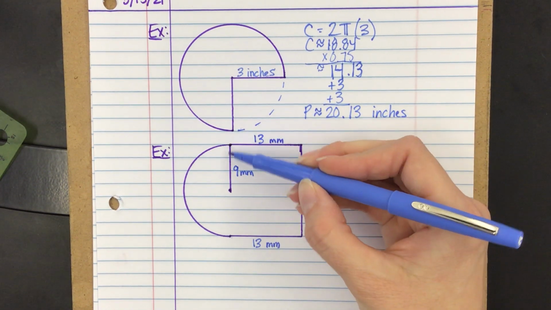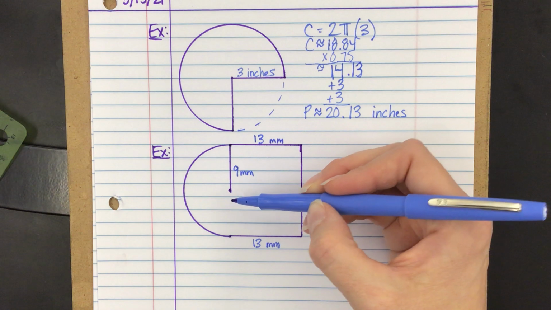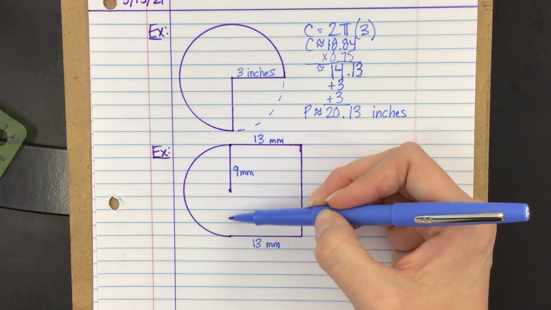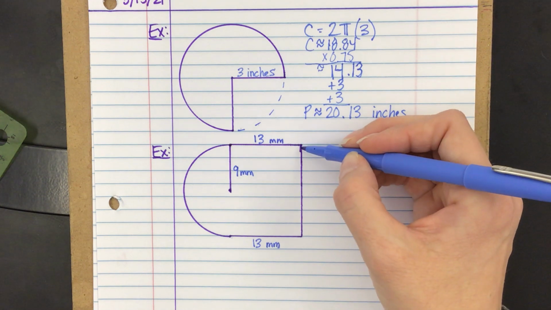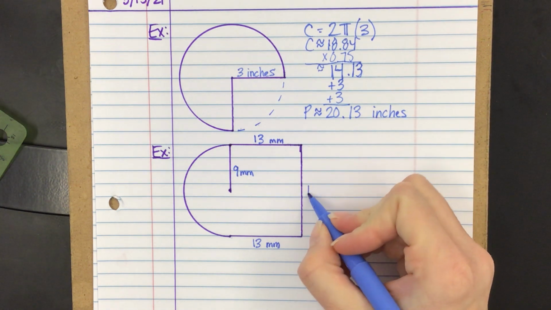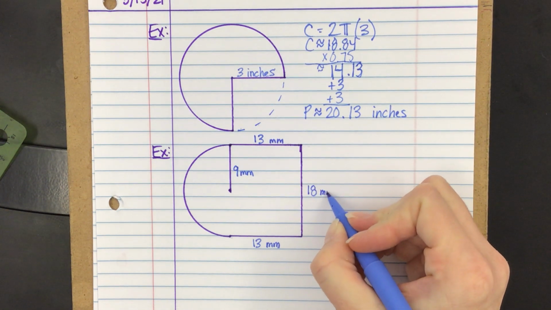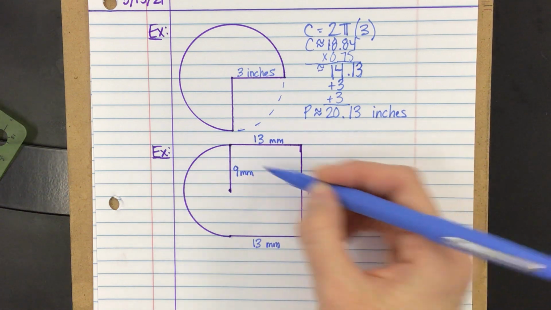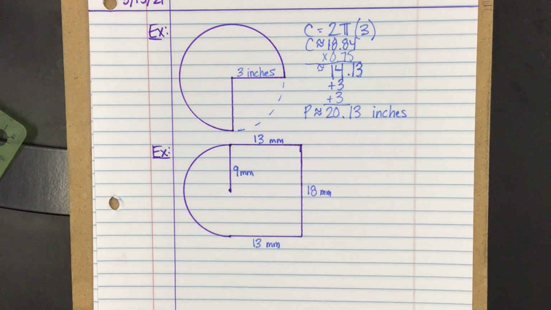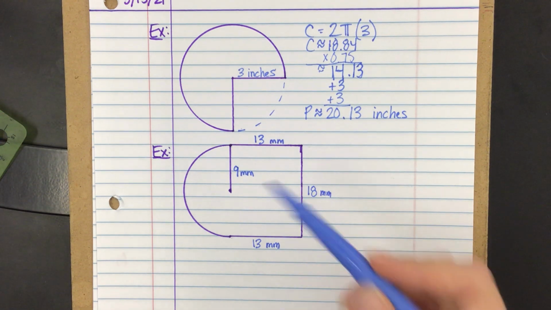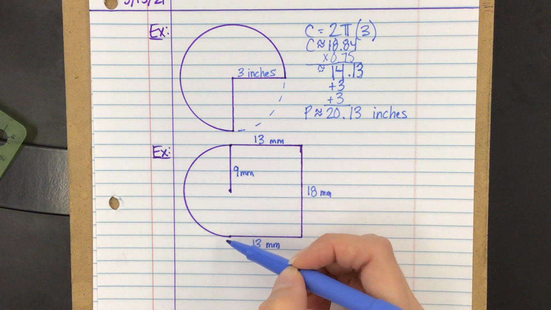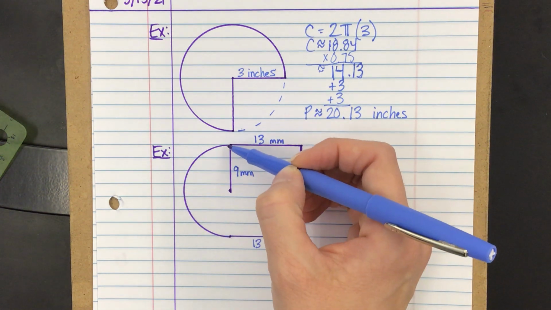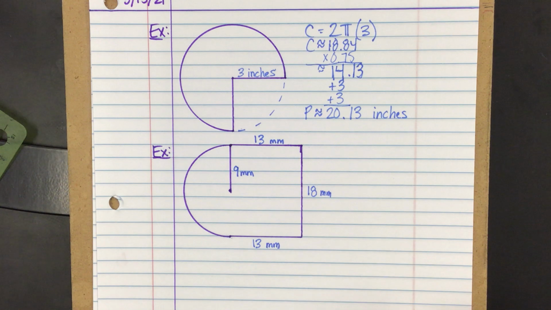And if the radius is 9, that means the diameter is 18. And if this length is 18, then this length is 18. So we're assuming that these are all right angles here and that this is a rectangle, okay? So I was given this and this, but I was able to find all of these. So now what I have to do is find half of the circumference so I can get this part right here of the perimeter, okay?